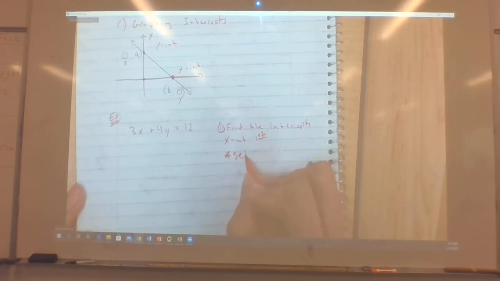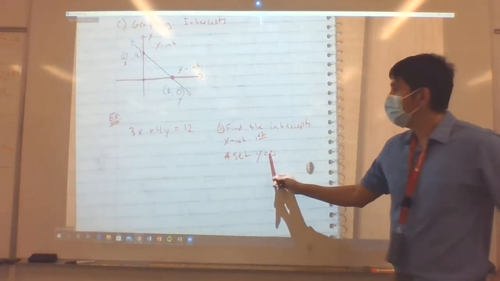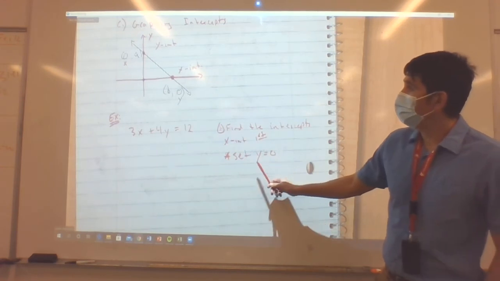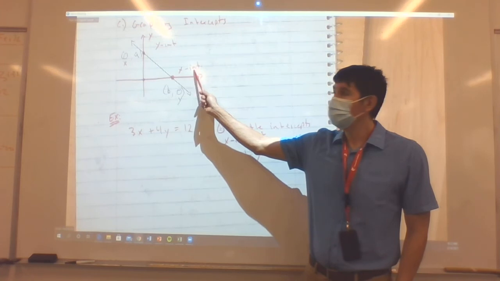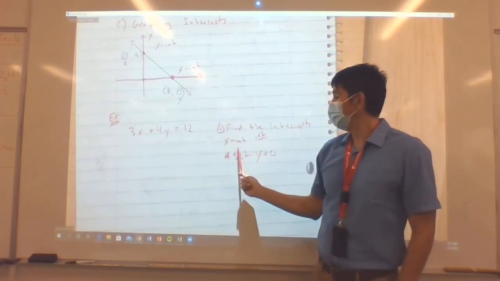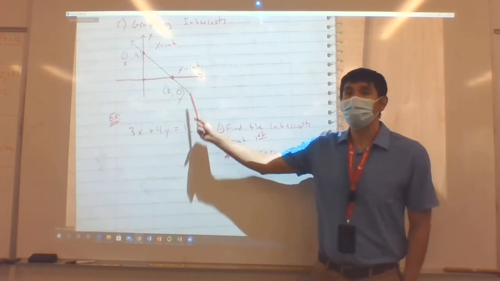Set y equal to 0. Because if you set y equal to 0, you're going to find your what? X-intercept. If we set y equal to 0, we will find my what?